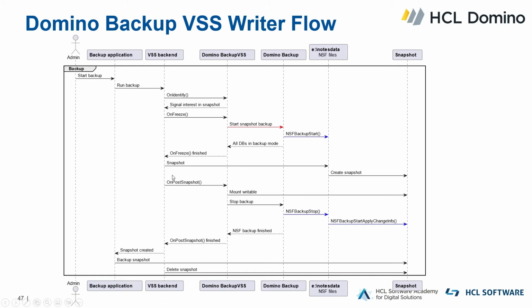Then the VSS backend does a snapshot. The snapshot is created. Afterwards, when that is done, it gives the application, here in the case of Domino, an on post snapshot event and says, oh, by the way, here's the snapshot. If you have Delta information, you can mount the snapshot. So Domino backup VSS mounts the snapshot.